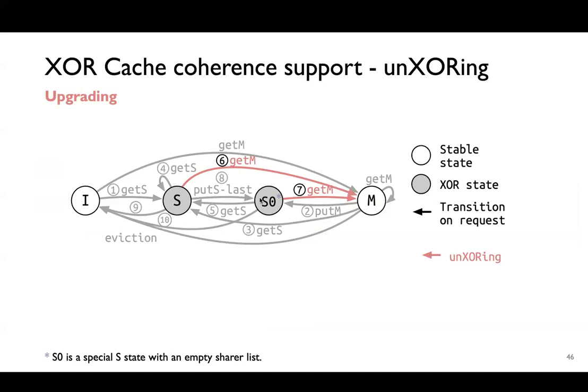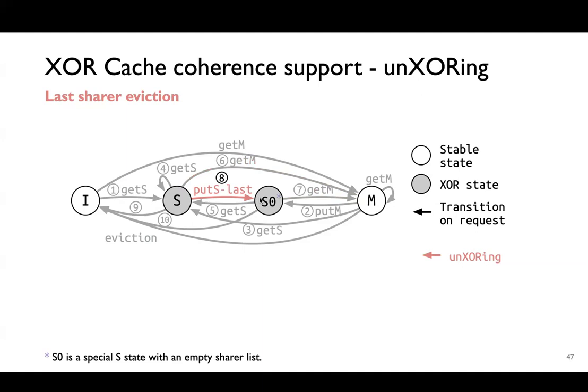So far we've talked about compression and decompression, and the last piece is on un-XORing. This is needed in an XOR cache to make sure that every line is recoverable. We will need to un-XOR a pair if any of them upgrades to M state. This corresponds to transitions 6 and 7. We need to un-XOR if neither of them has a shared copy in the private cache.